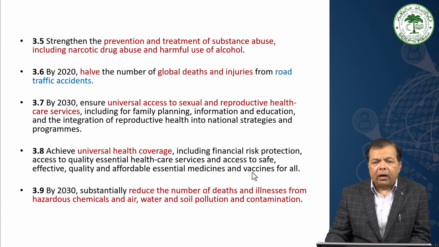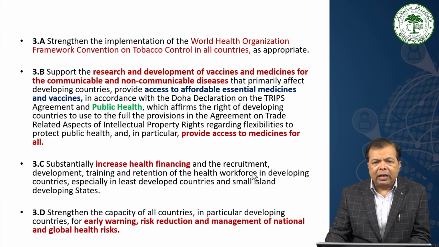And then goal number 3.9 talks about substantially reduce the number of death and illness from hazardous chemical and air, water, and soil pollution and contamination, etc. And then there are basically few other goals also, like strengthen the implementation of World Health Organization Framework Convention on Tobacco Control in all countries.